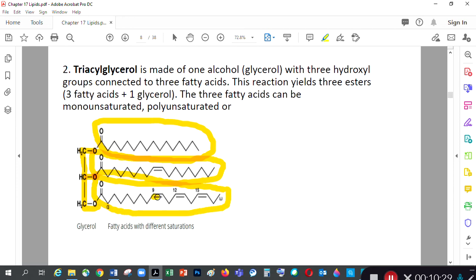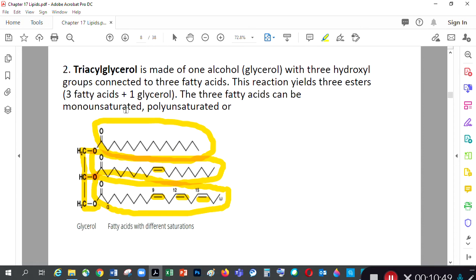Here it has how many? 1, 2, 3. 3 double bonds. Here has only 1, which can be cis or trans. And here has none. The top has none. So those are 3 fatty acids of different types connected to the glycerol.